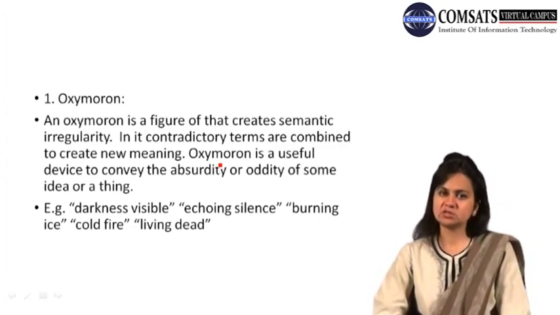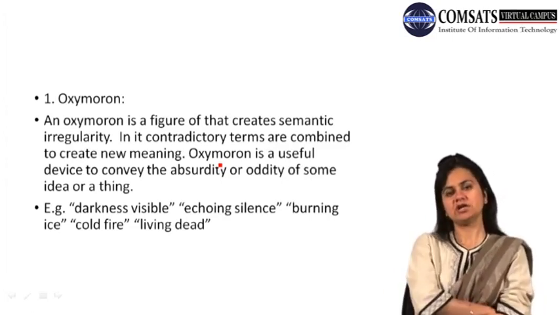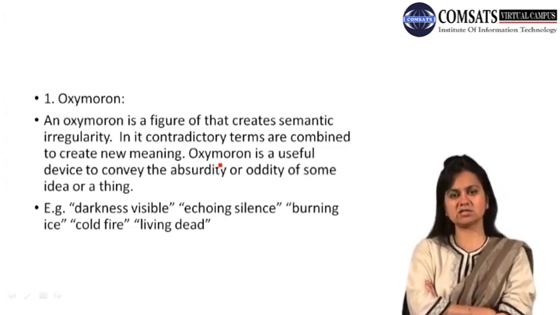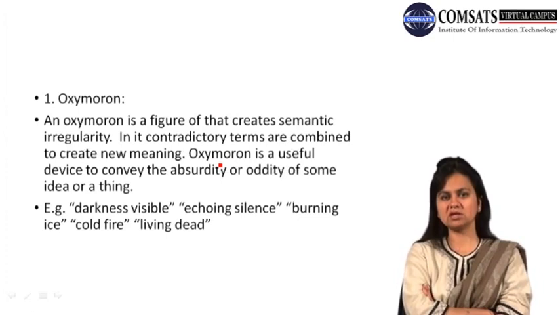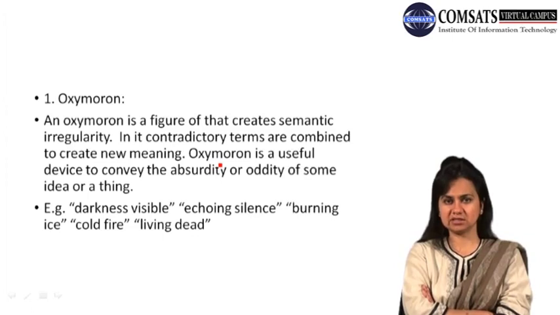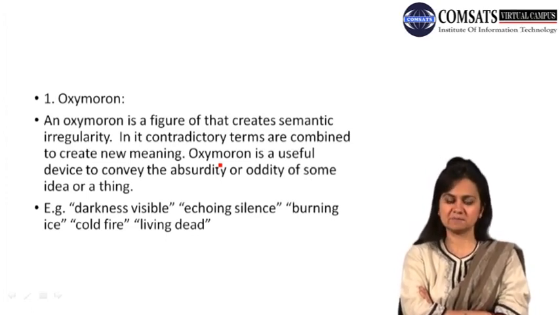This phrase is used by Milton in his epic poem Paradise Lost, where he talks about hell. When he describes hell, he says that there was nothing else which could be seen, but only darkness visible. It is a reference to the depth of the darkness, how thick the darkness was, that only that was visible and nothing else could be seen but darkness.